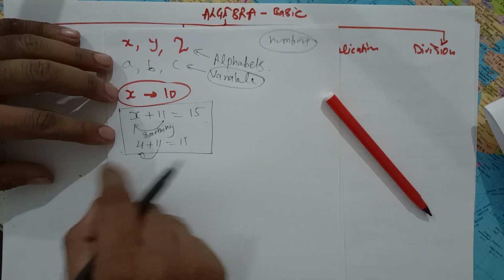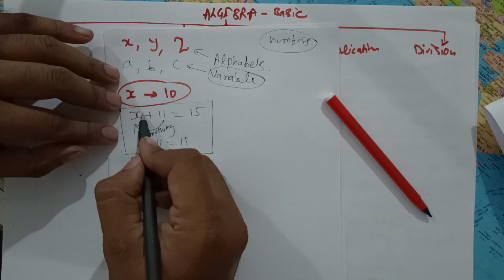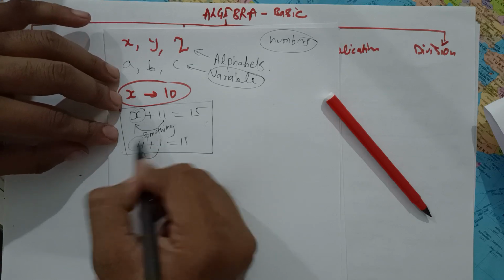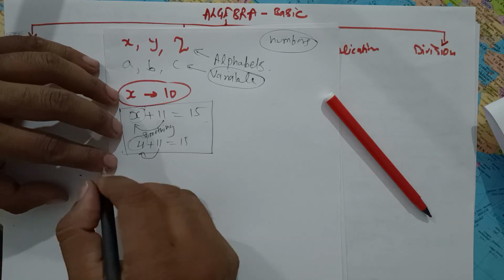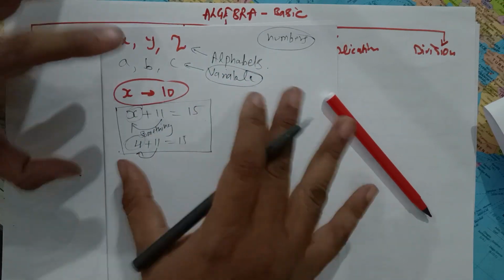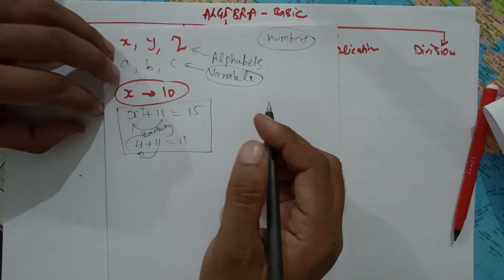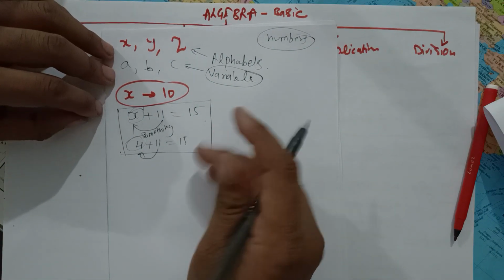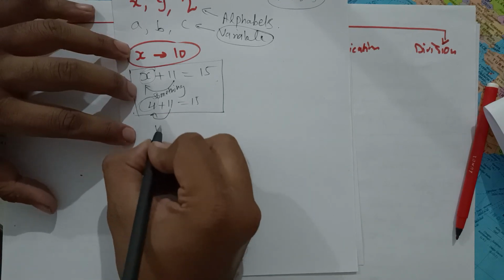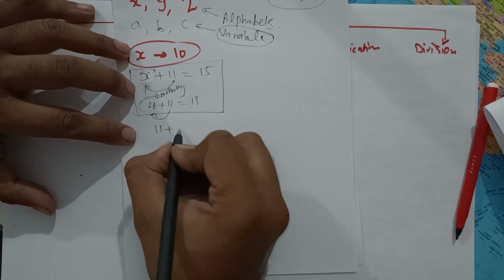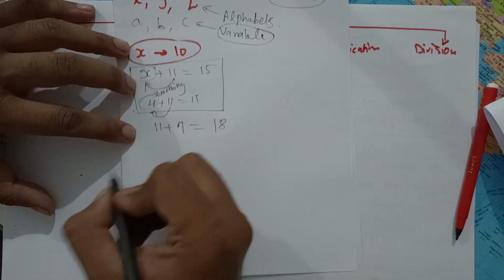Okay, this is the way. So this is algebra. In x, the number 4 was hidden, and this is algebra in very basic terms. For example, if we add numbers like 11 plus 7, we get 18.